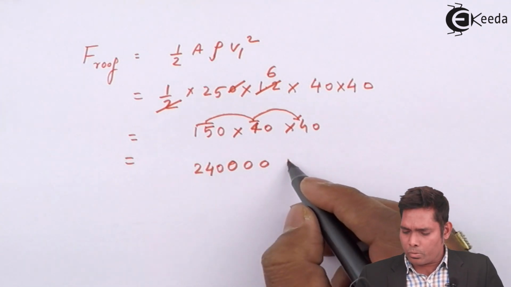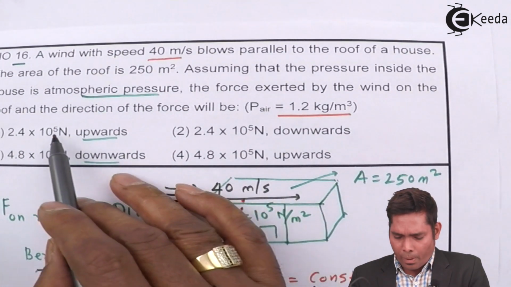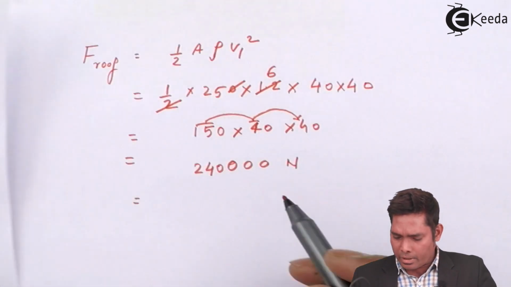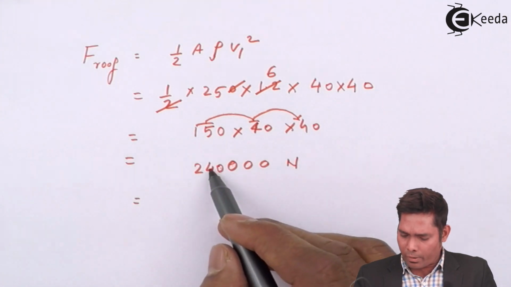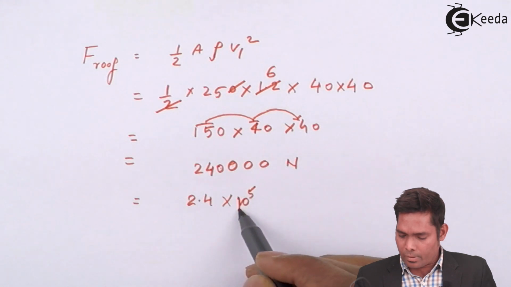So this much Newton, and if I see the options, all the powers are in 10 raised to 5, so I'll write it in 10 raised to 5. So it is 2.4 times 10 to the power 5 Newton.